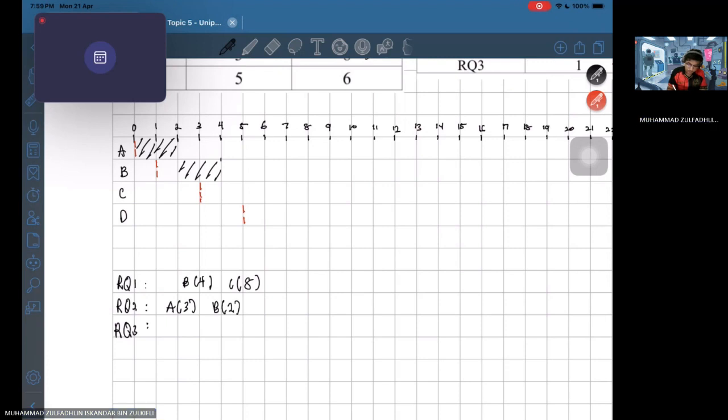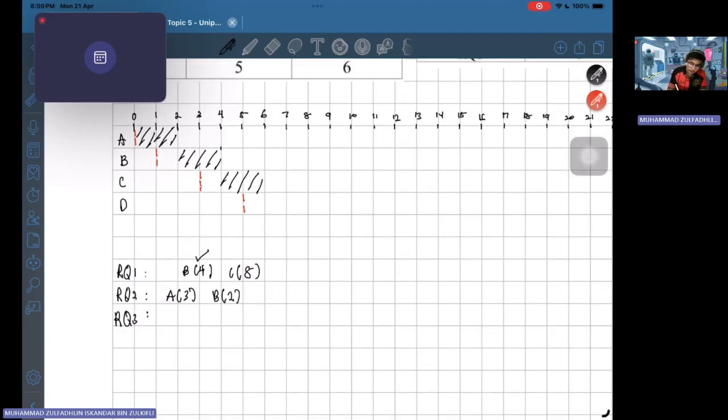And then we can look here. For C in RQ1, it must complete 2 burst time, which we complete here. And before C completes, D has arrived at T equal to 5. So we mark the arrival of D at RQ1.